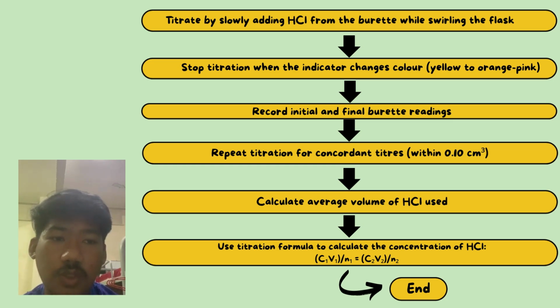We must use this to calculate the concentration of HCl by using the formula C1V1 over N1 equals C2V2 over N2, where C1 is the concentration, V1 is the volume, and N1 is the moles for the known concentration, and C2, V2 and N2 refer to the unknown concentration. That's all for me.